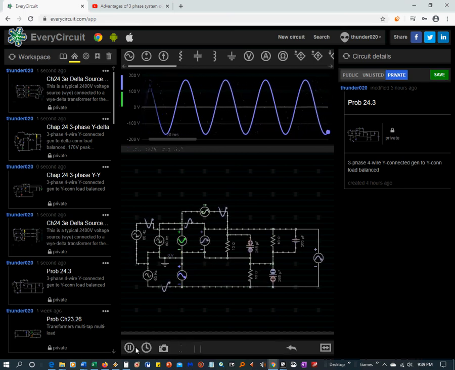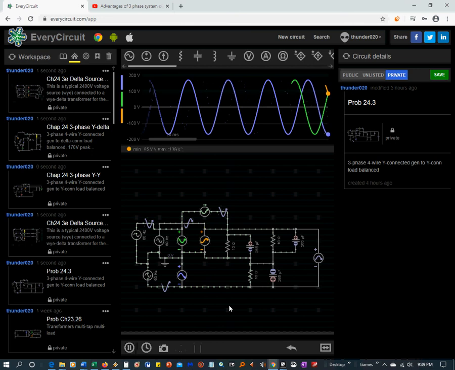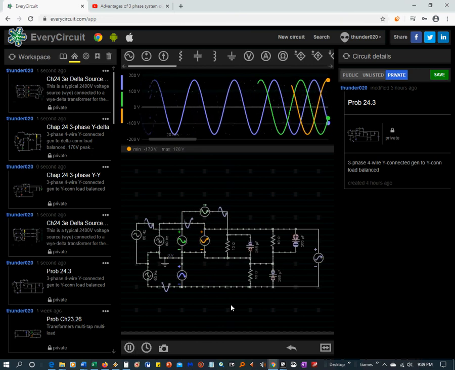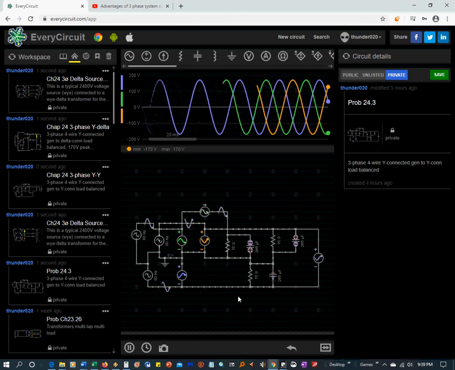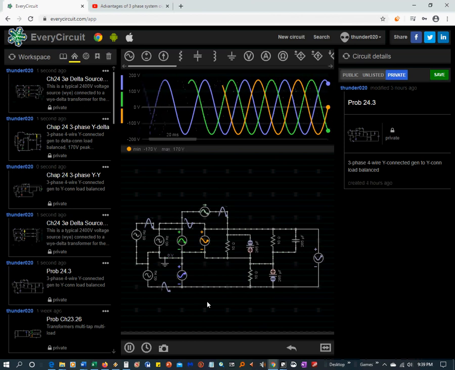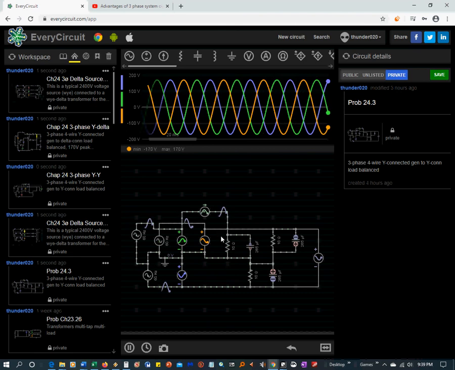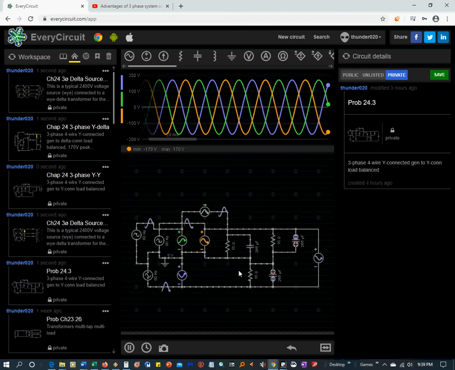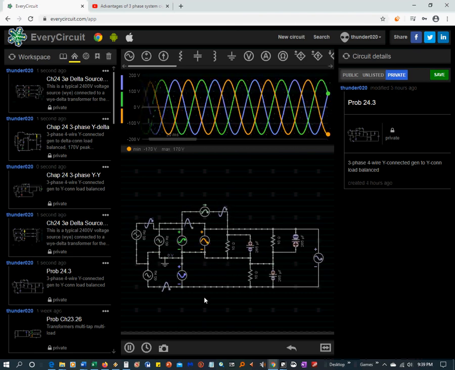And then I'm going to turn this on and show you the other two voltages, which are also the voltages across the load because they're in parallel.